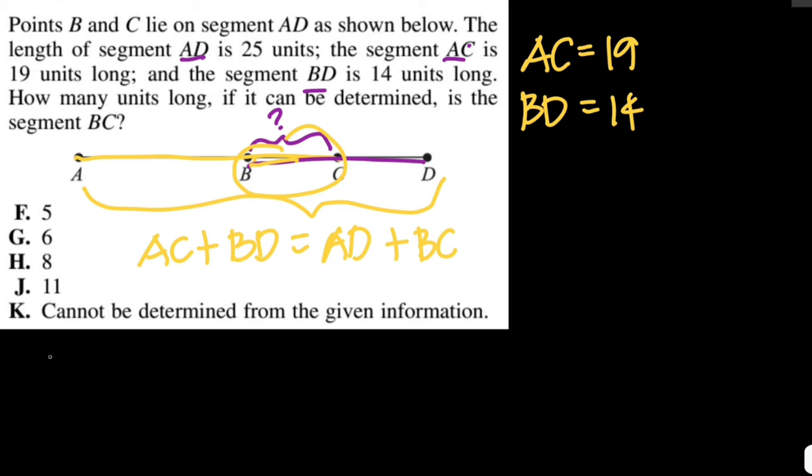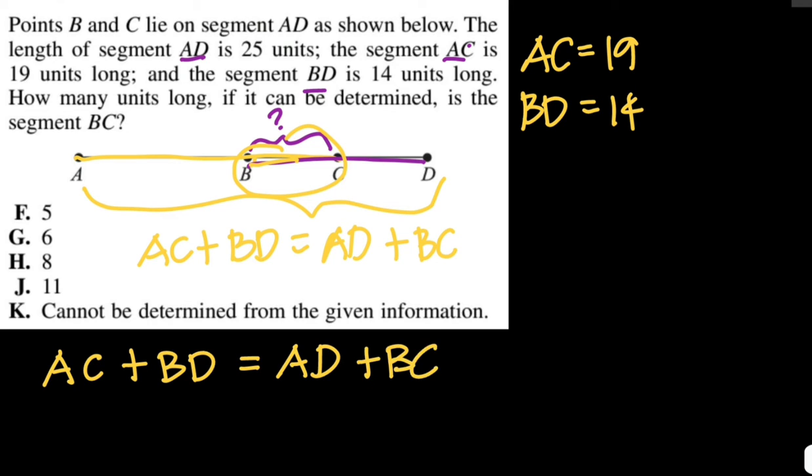Alright, let's write that here. So the sum of the lengths of AC and BD is equal to the sum of the lengths of AD and BC.